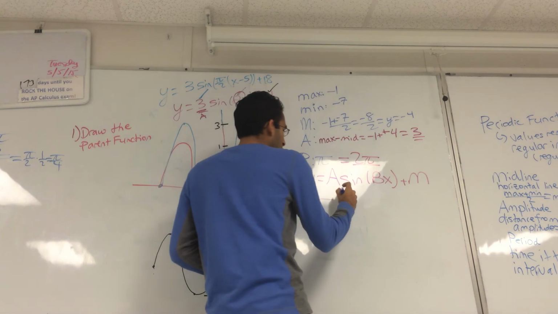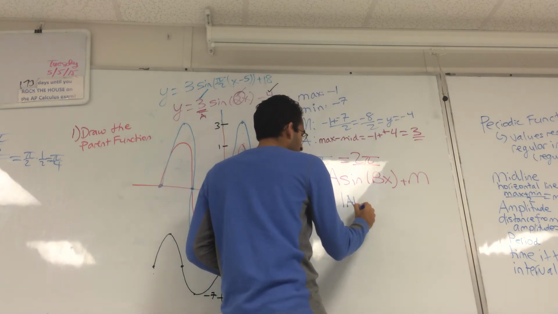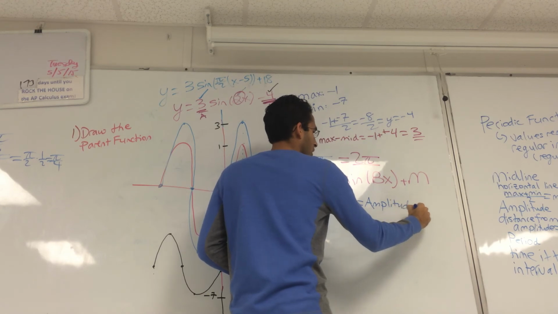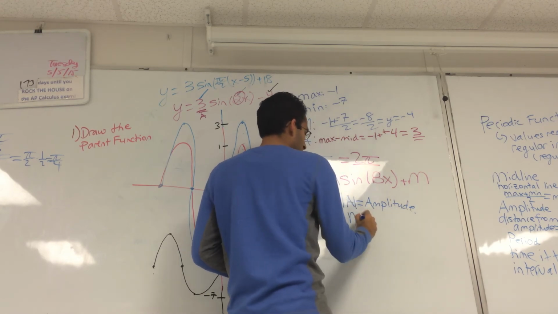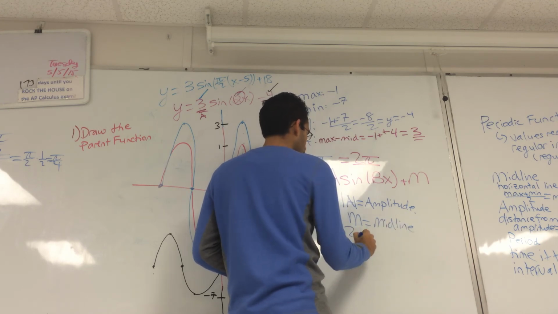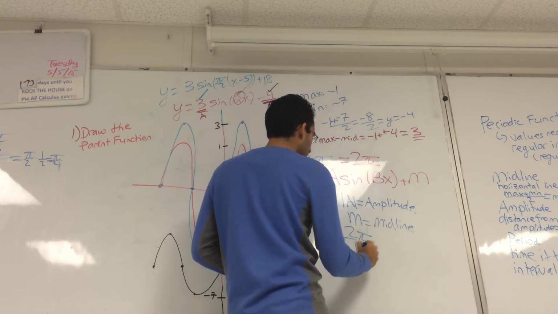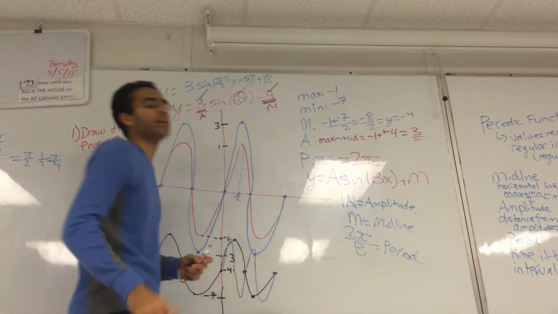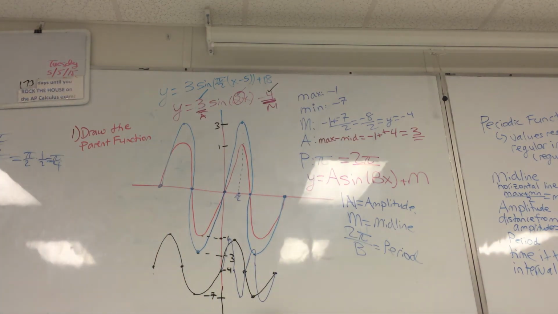Because the absolute value of A equals the amplitude, M equals the midline, and 2 pi divided by B equals the period. Every time. Every single time.